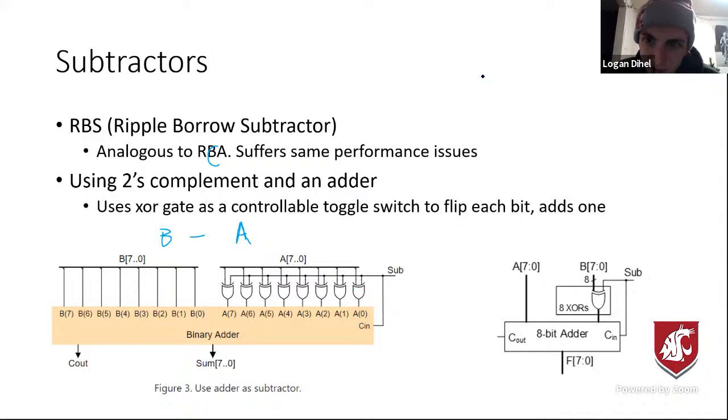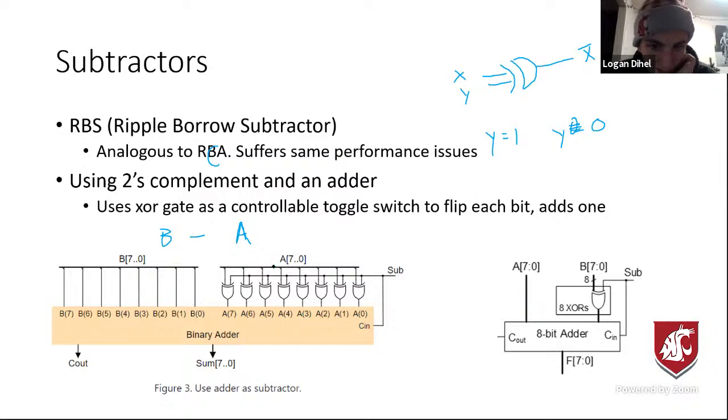Remember with the XOR gate, let's say this is X and this is Y. If Y is 1, then the output is going to be not X. If Y equals 0, then the output is going to be X, because if both of them are asserted, it toggles.